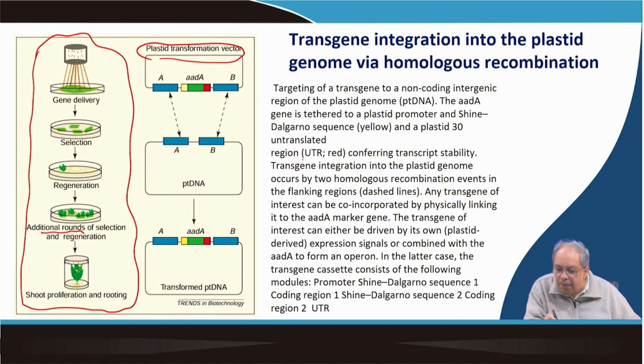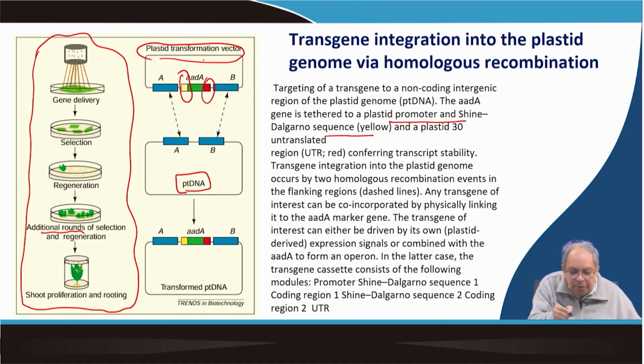The aadA gene is tethered to the plastid promoter and Shine-Dalgarno sequence. This is the Shine-Dalgarno sequence and a plastid untranslated region, UTR, which is red. Then homologous recombination: this is the plastid DNA and this is the vector DNA.